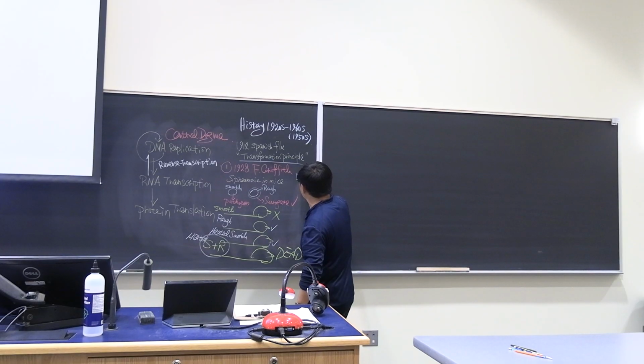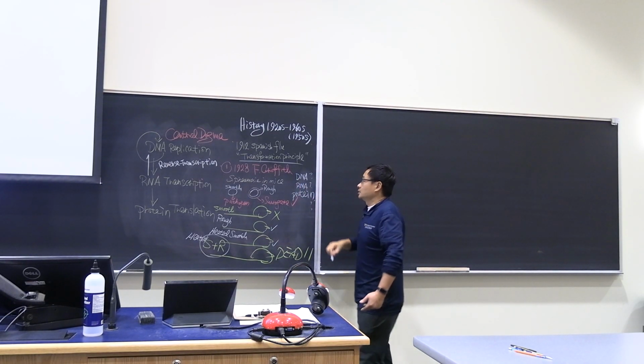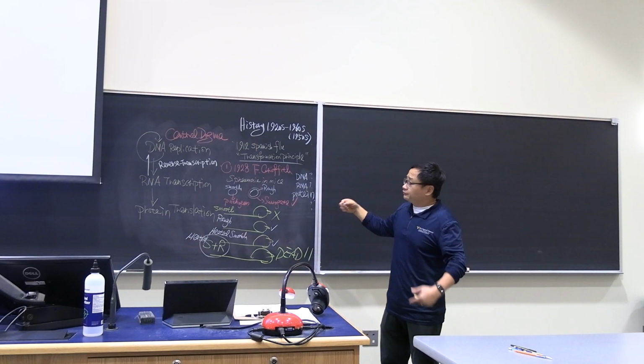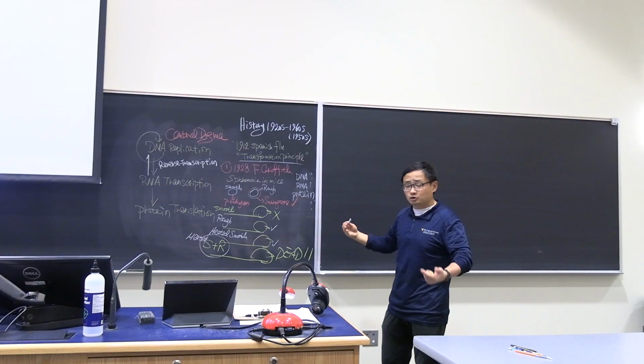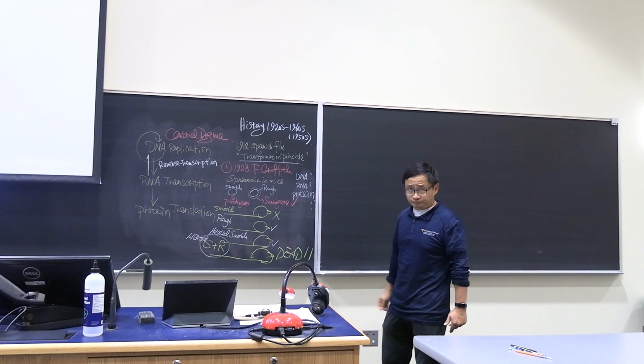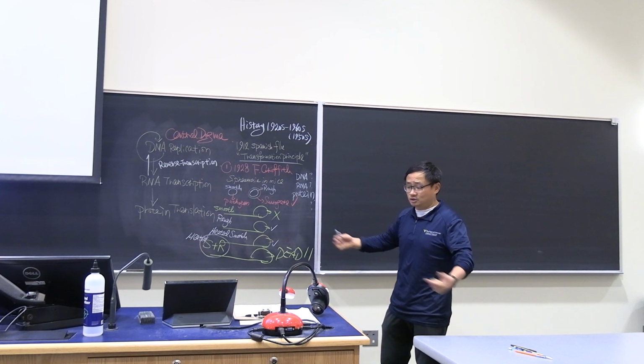That could be DNA, RNA, protein, or some other macromolecule. Frederick Griffith's study basically focused on animals. Thousands of mice were used and killed during his research.